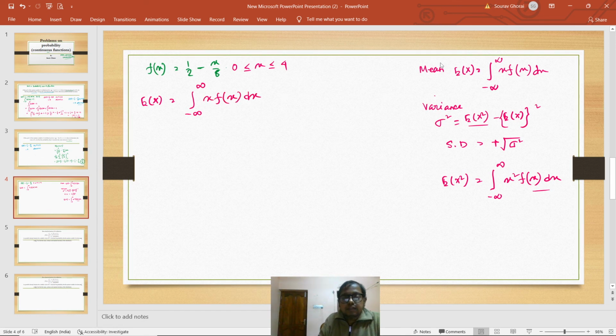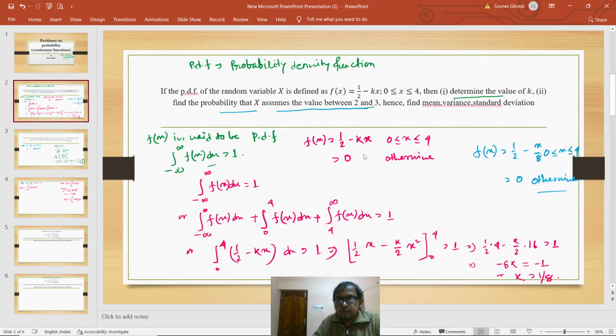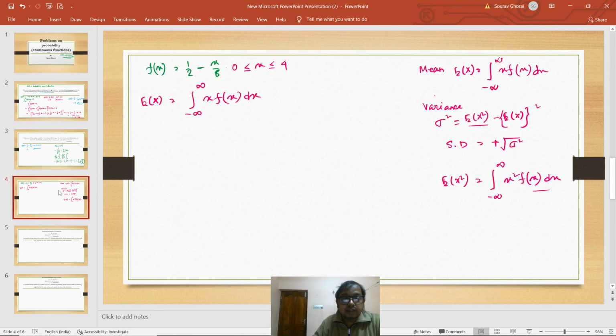It is only defined over 0 to 4, as already given in the question, and 0 otherwise. So we can directly write the integral from 0 to 4 of x into half minus x by 8 dx. Now we just have to simplify it.